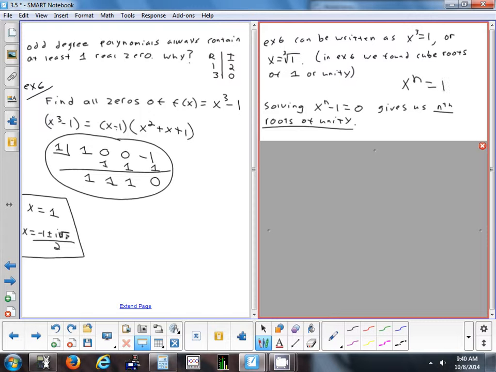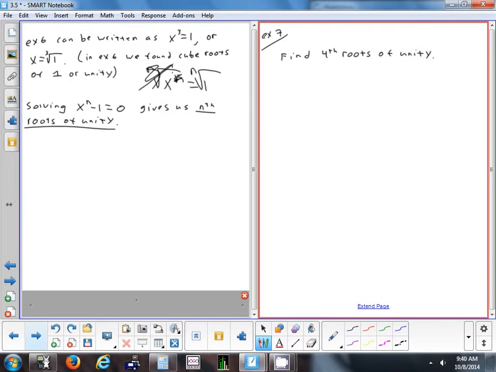You're finding the nth roots of 1. How many roots you're going to have depends on the root you're finding. A square root would have 2. A cube root would have 3. A 10th root would have 10. And the test will try to limit it so there's not too many to find.